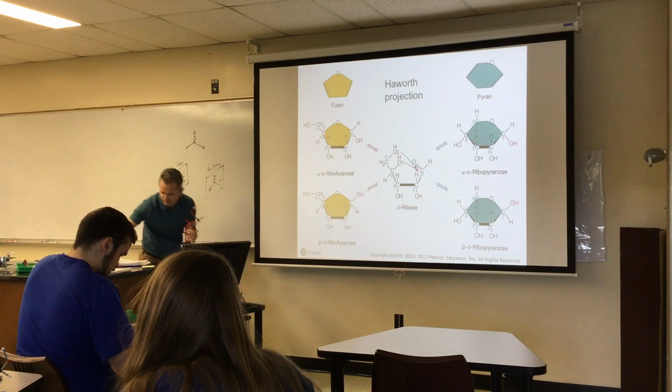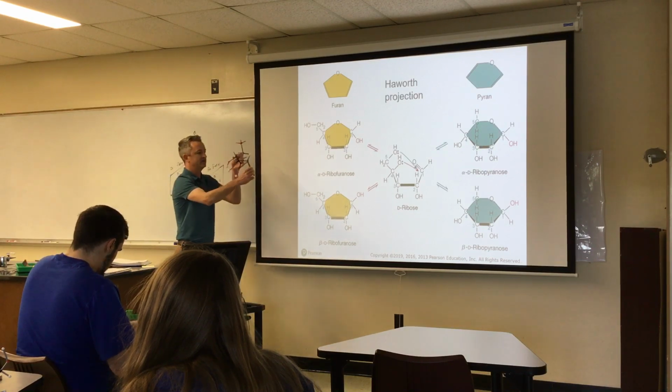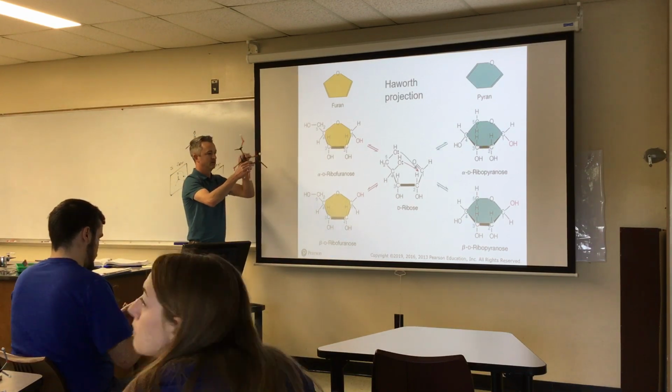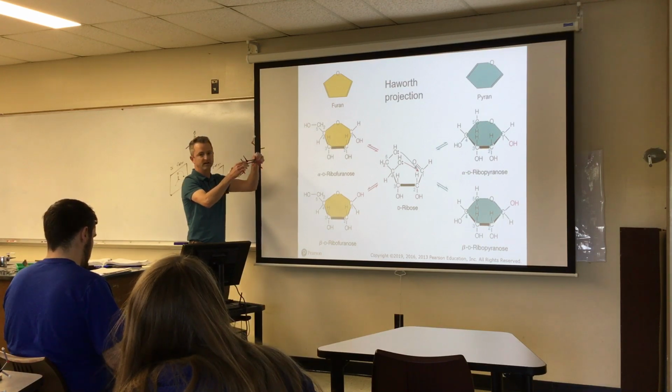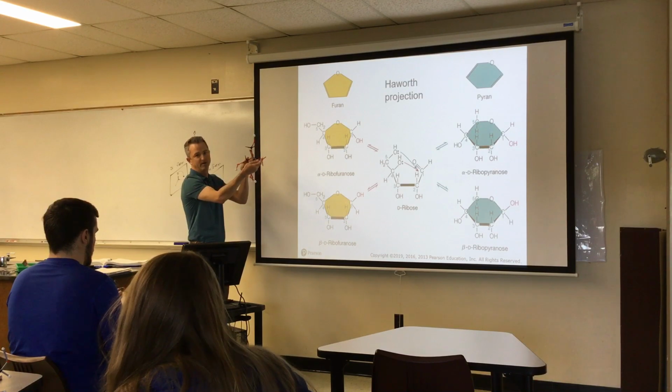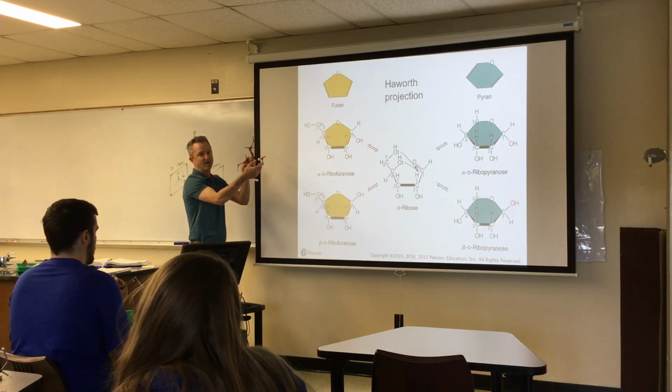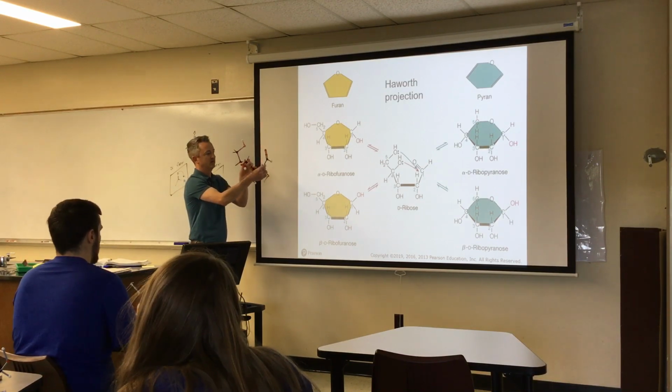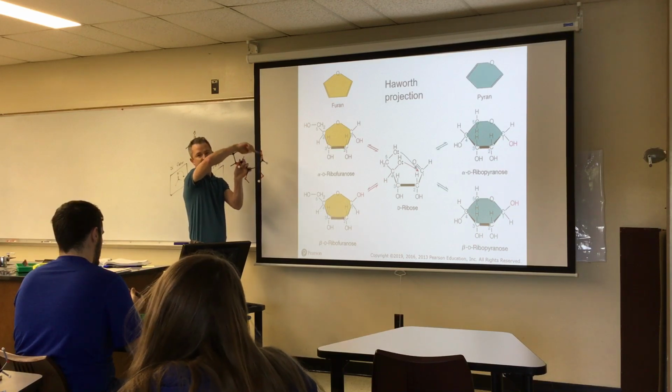So take a look. Aldehyde's down, this thing is coming in and attacking here, versus aldehyde up, and look, it's the opposite face, right? So this one is the Re face.